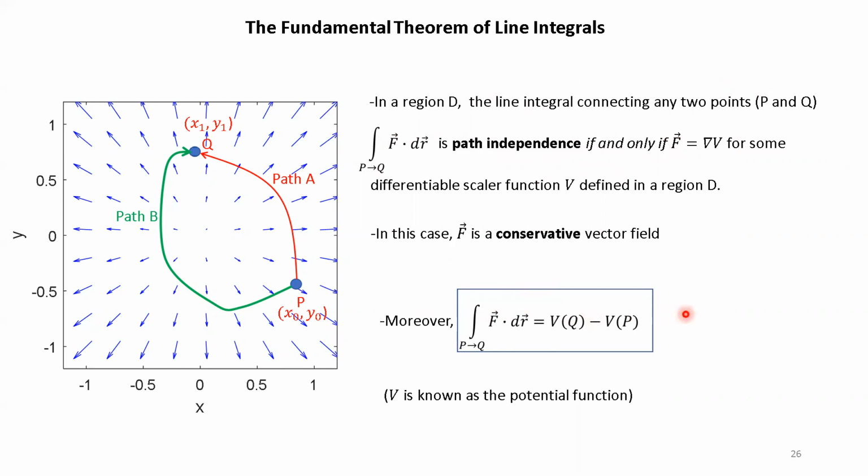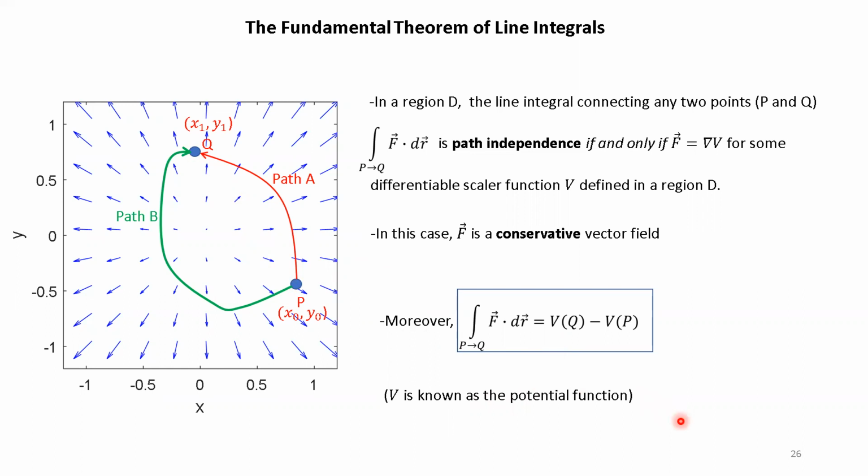At this point, it's meaningless for us to tell you what path I take, because I told you already, path independent. It doesn't matter what path I take. So when I write it this way, it means any path that I can take. Then this line integral is equal to the difference of the value of this v function here and here. And this v is known as the potential function.